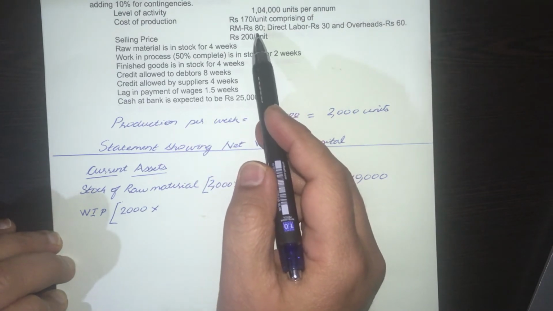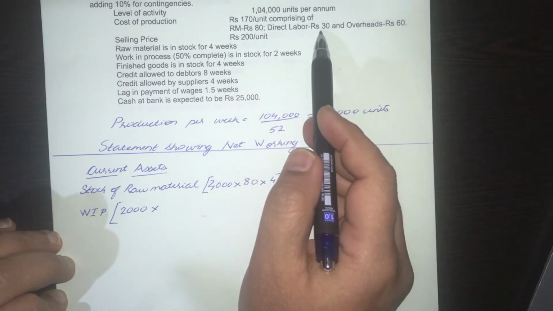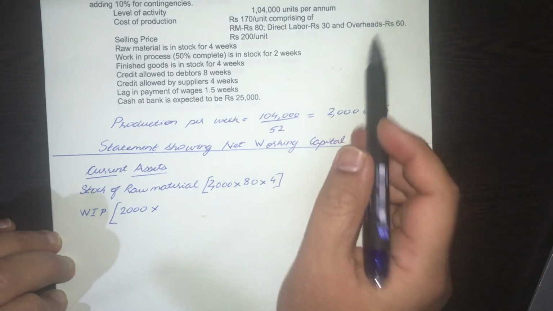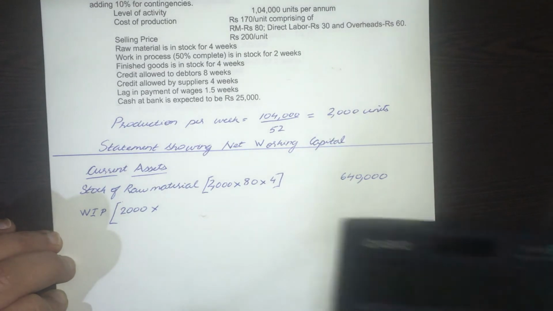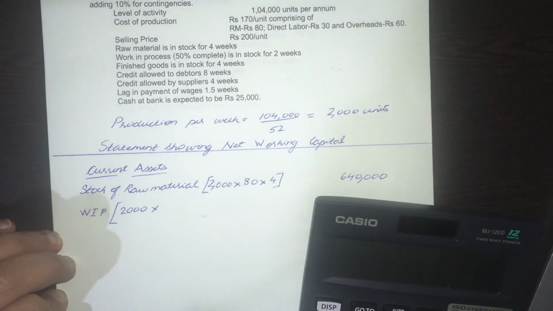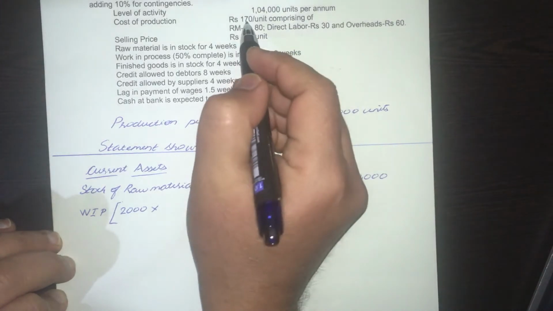You'll have to take 80 plus 30 plus 60. All right. So 80 plus 30 plus 60 will give you 170, which is nothing but your cost of production per unit.